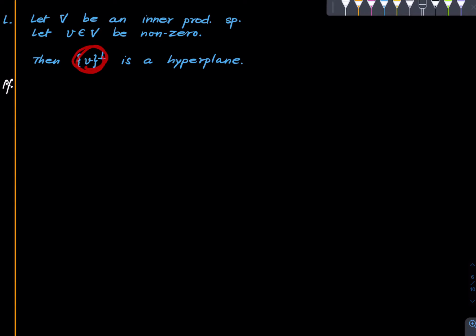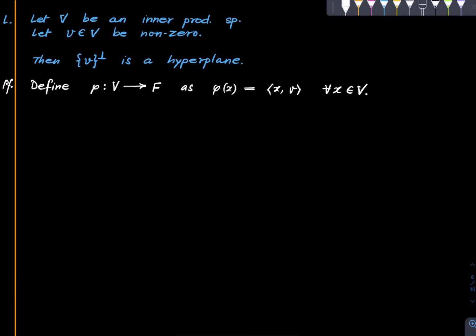So let's prove it in full generality. So define the map phi to the base field. Now the base field could be either real or complex, as before, that's how we define it.